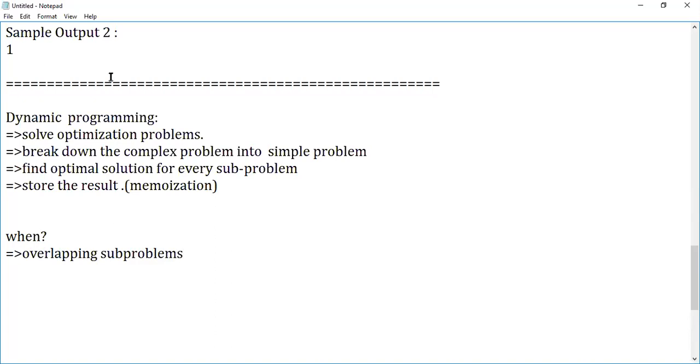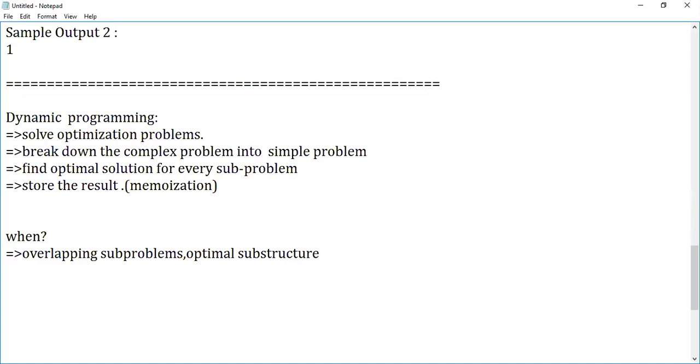Overlapping subproblems means the same calculation has to be repeated. And if you want to maintain an optimal structure for the program, then I can make use of it. I'll help you understand optimal structure and overlapping subproblems with a small example, guys.